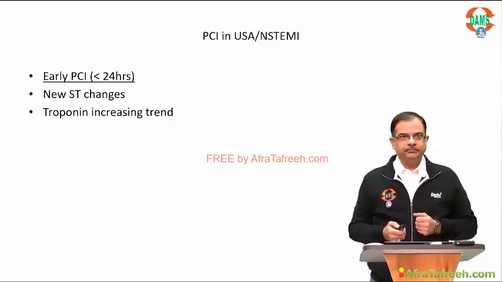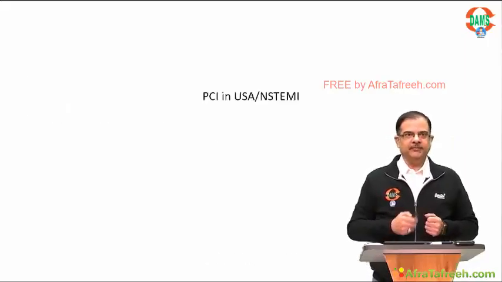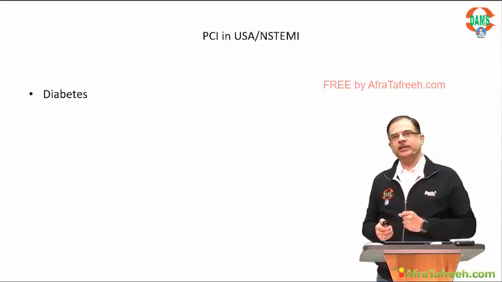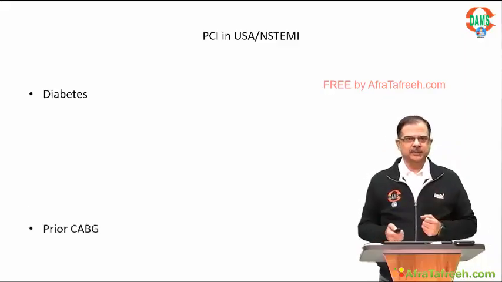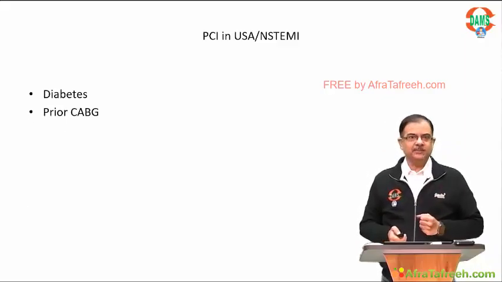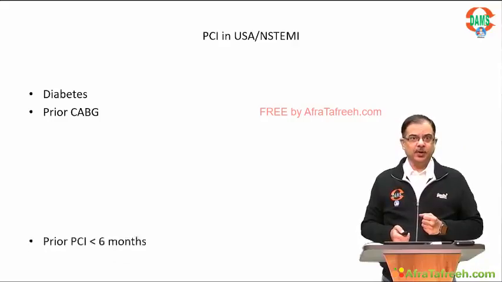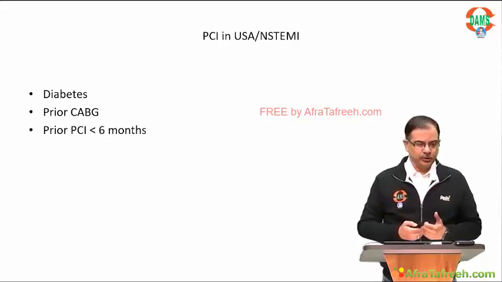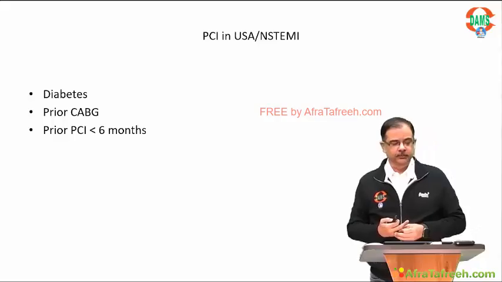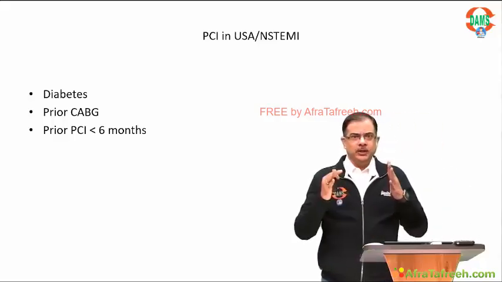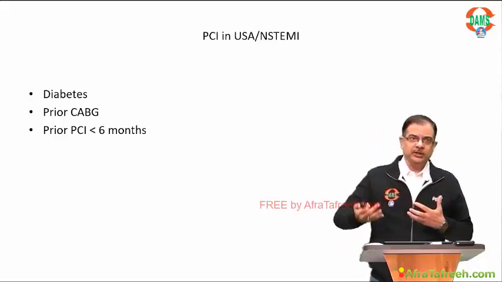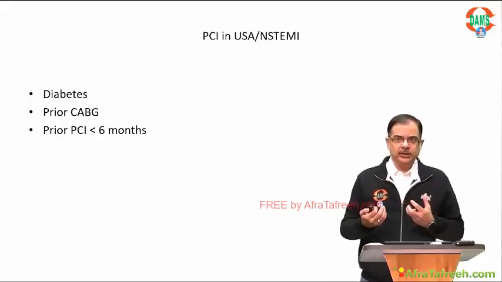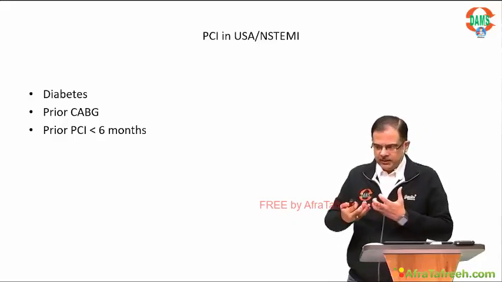While if the patient has diabetes, multivessel disease, or prior bypass or prior PCI procedure, in these, before discharging the patient, we want to see angiography. What is the status of the blood vessel?